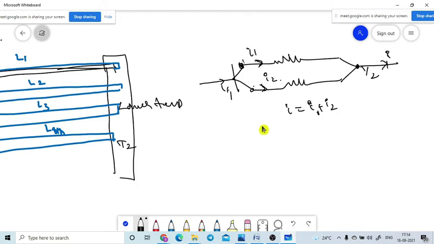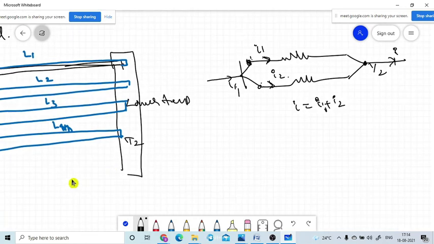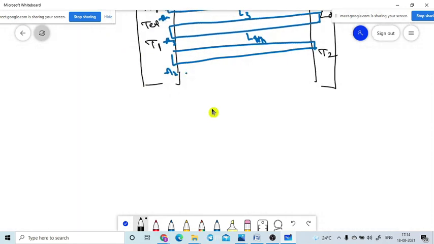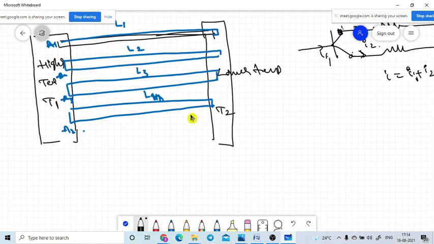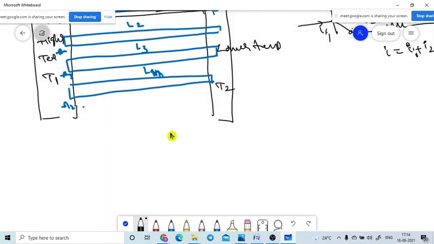Yes, sir. In the similar manner, which parameter is changing here? Current, sir. Thermal current is changing. For your simplicity, I have taken the thermal current I equal to Q by t, and I take H, where H means heat, as the thermal current.